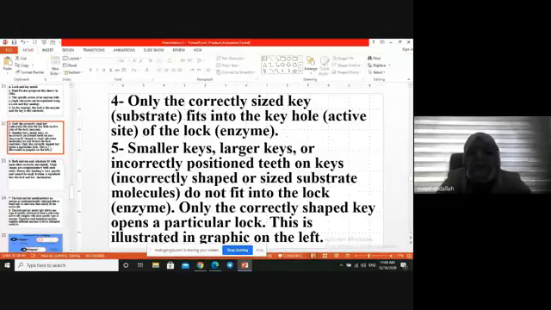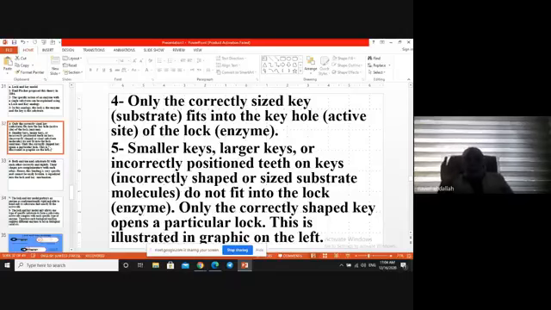Similar keys, smaller keys, larger keys cannot be used, nor can keys with incorrectly positioned teeth, incorrect shapes, or incorrect sizes; they cannot fit into the lock.